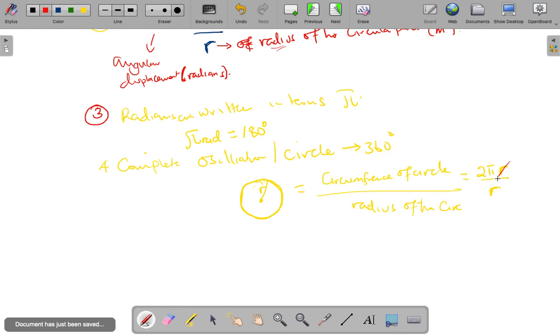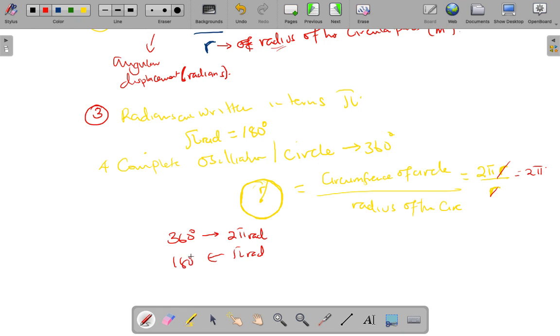If we cancel out, we get 2 pi. So 360 degrees is equivalent to 2 pi rad, while pi rad is 180 degrees. This is the relationship that we shall be talking about bit by bit.